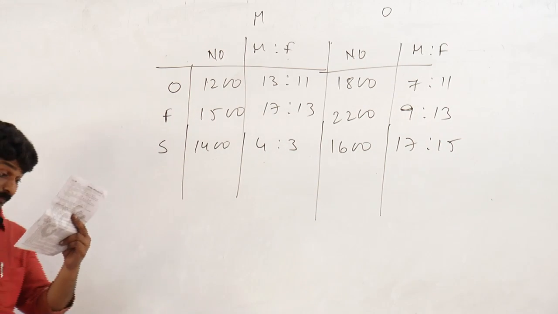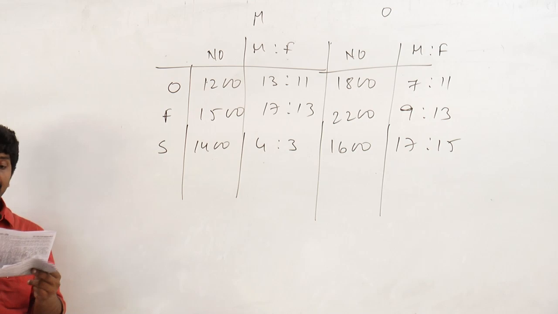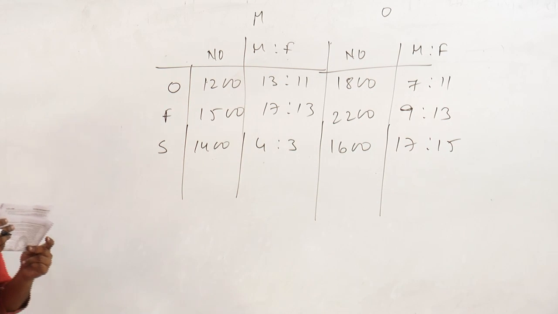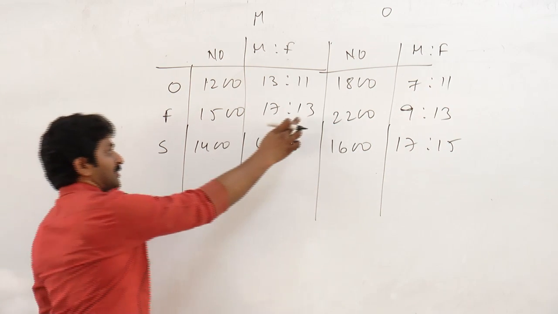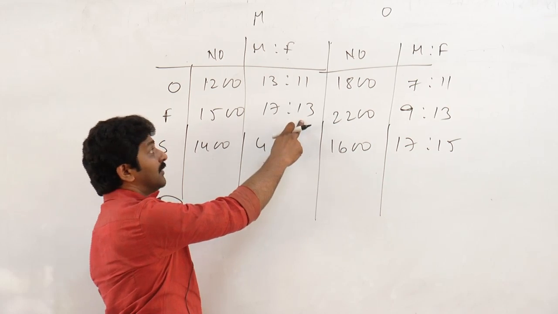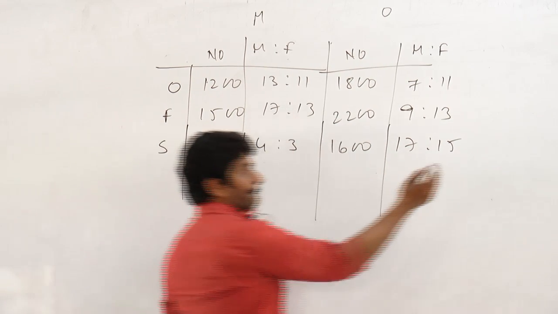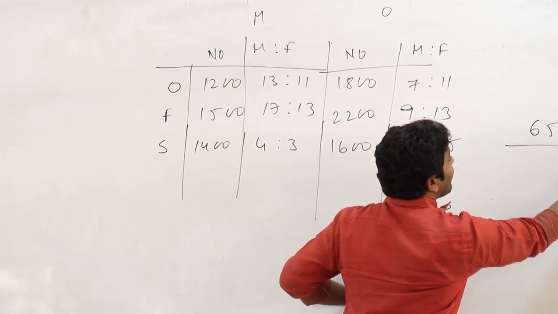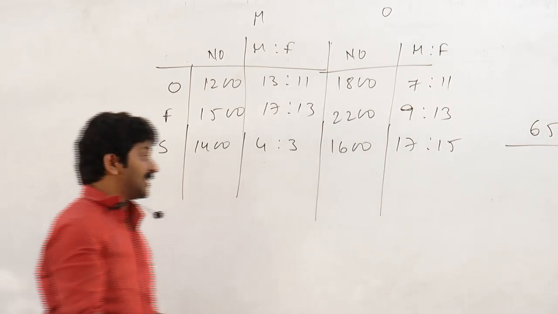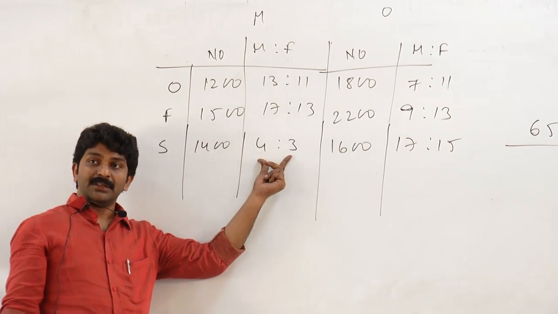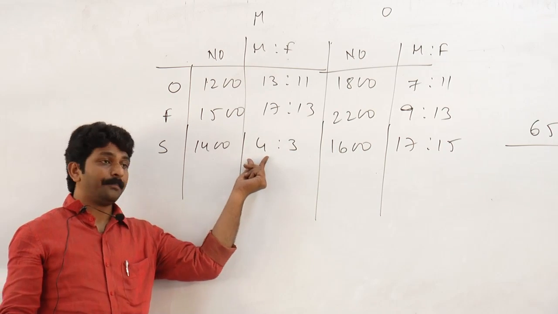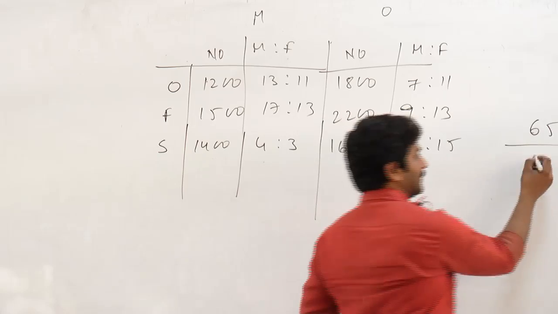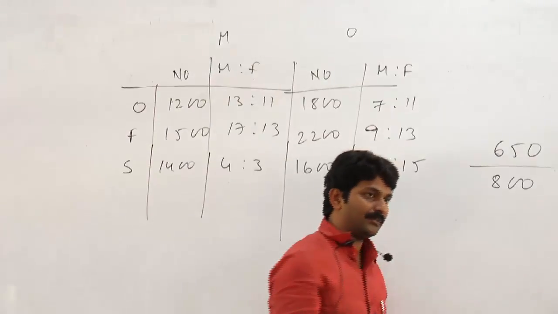Female managers in the finance department, just now I think we have calculated, 650, is what percent of male managers in sales? How many parts do we have? And 1400, one part is 200, 4 parts will be 800 into 100.